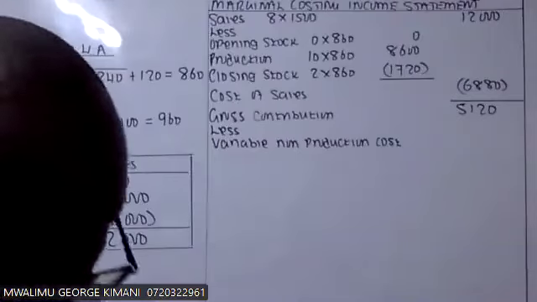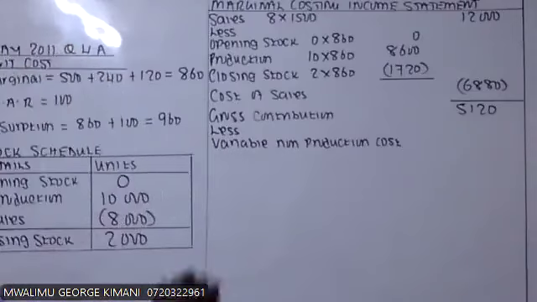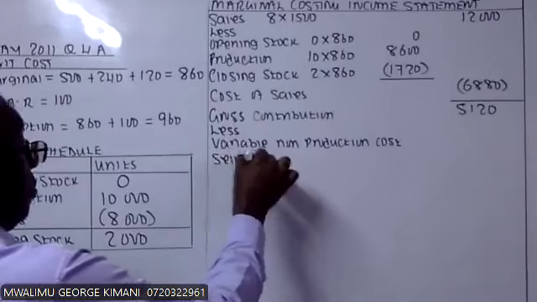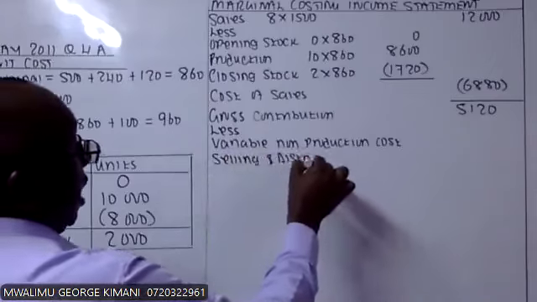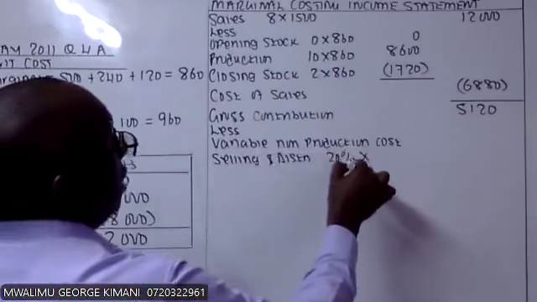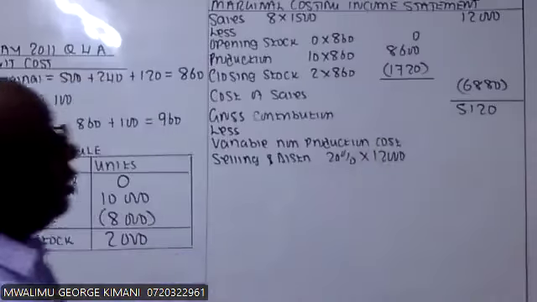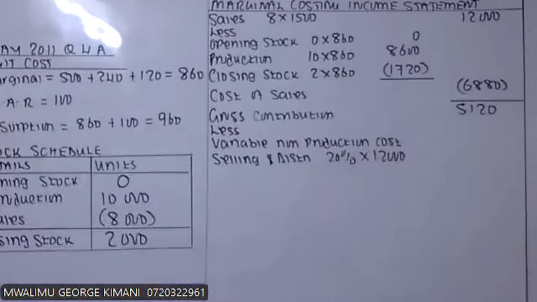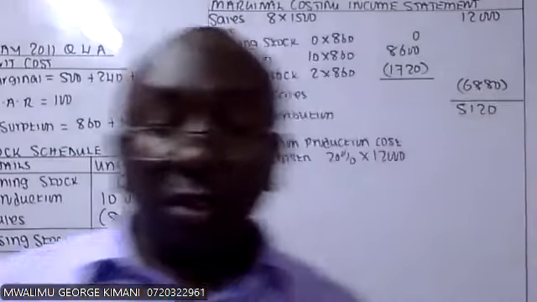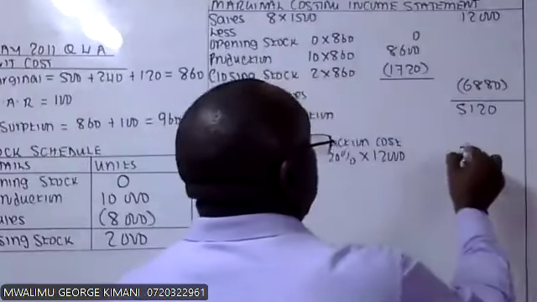And the variable non-production cost that we have here is selling and distribution, which is 20% of the 12,000. 20% of the 12,000 is how much? $2,400. 2,400.